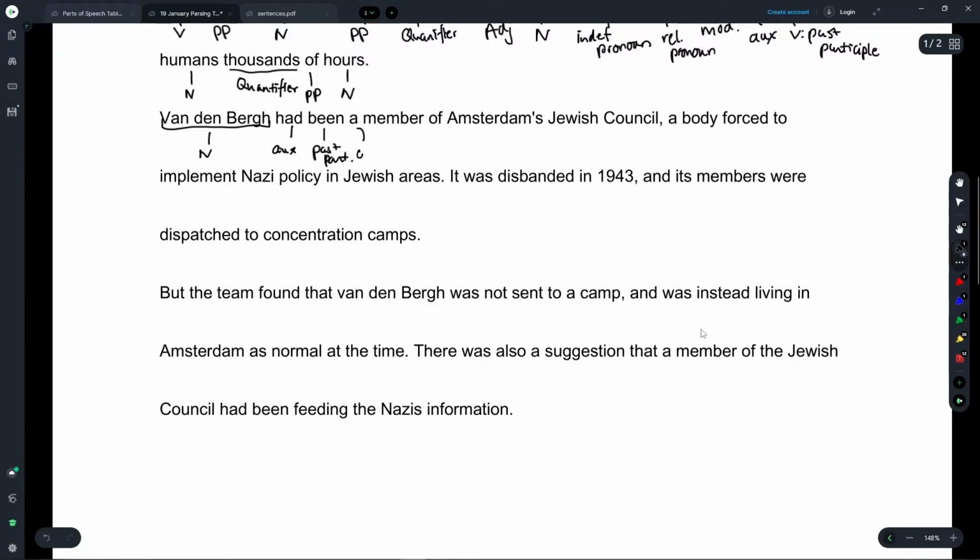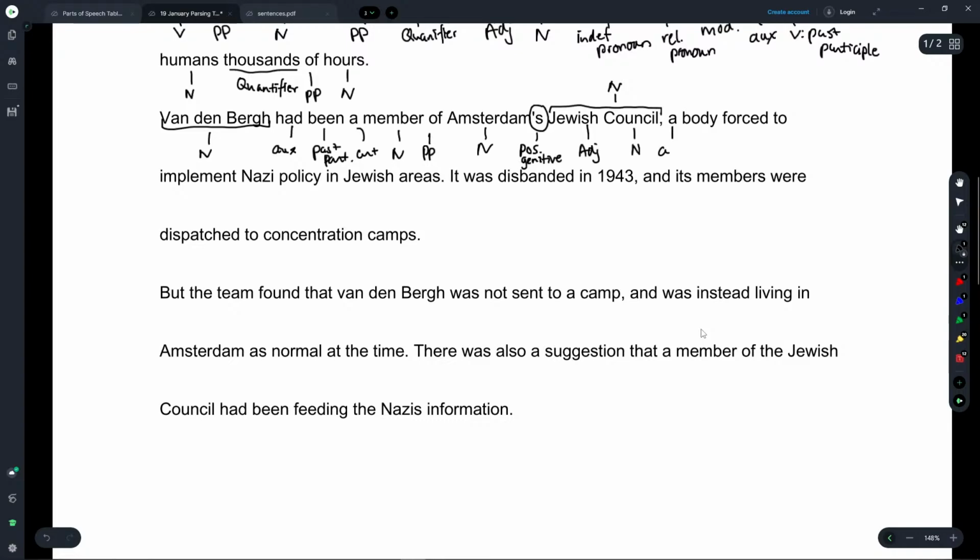A, article. Member, noun. Of, preposition. Amsterdam, noun. Apostrophe, which is a possessive, and in this case a genitive. Jewish, adjective. Council, noun. Or we can say that Jewish council is one thing, and then we would say it's a noun.